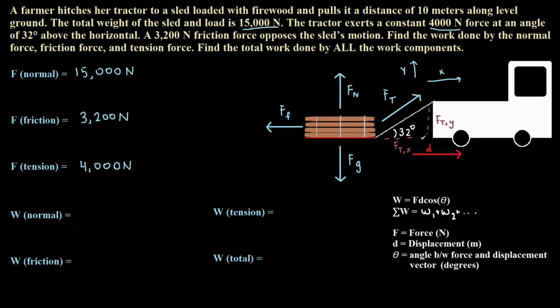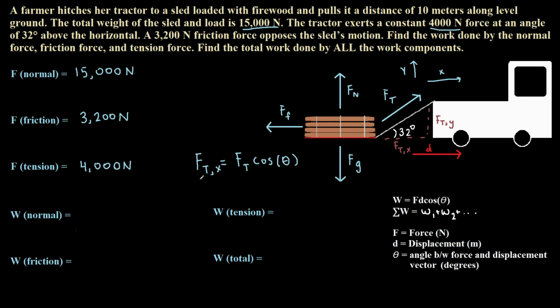Now that we know this, let's go ahead and solve for the tension force in the x direction. But let me first change my color. If you remember from Unit 3, we use trigonometry to solve for the horizontal component of a force vector. So in this case, the tension force in the x direction is going to equal the tension force times the cosine of theta, where theta is this angle over here.